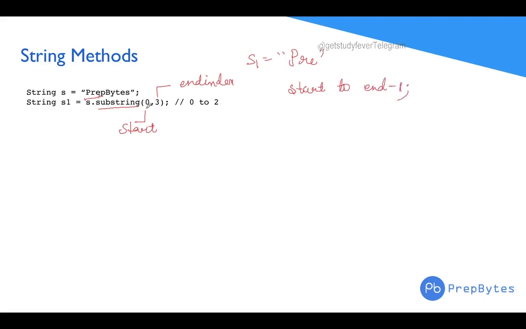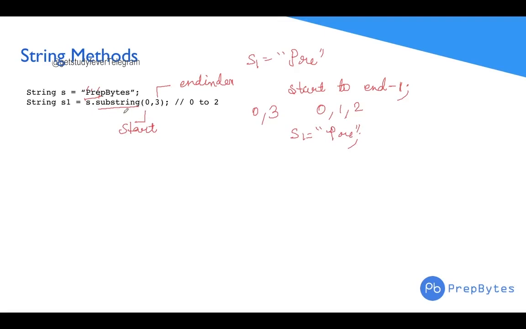So if here we have start as 0 and end as 3, so the new string that is created or the substring will have index 0, 1 and 2. So whatever character is there at index 0, 1 and 2, using that a new string is created, and that is assigned to S1. So S1 will get a new string called pre.